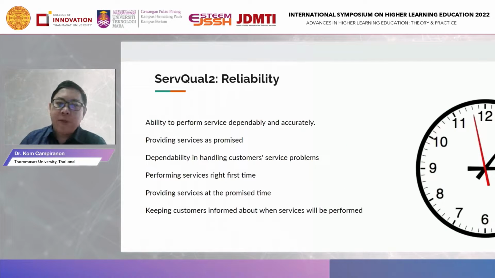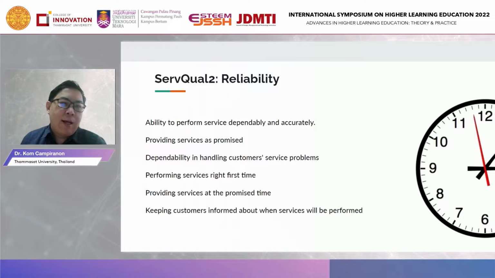The second dimension is called reliability. It's all about the ability of the staff to perform the service accurately. For example, if we check into the hotel and order room service, is the food they deliver correct? Or providing service as promised.